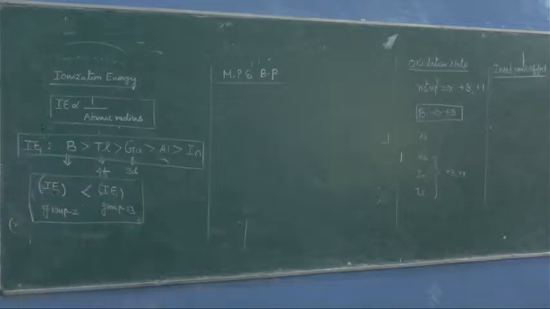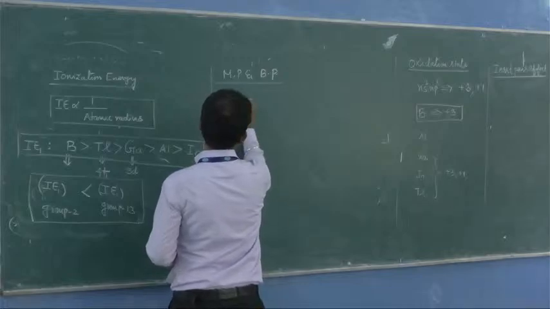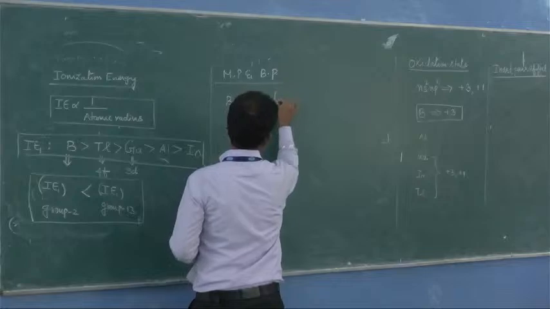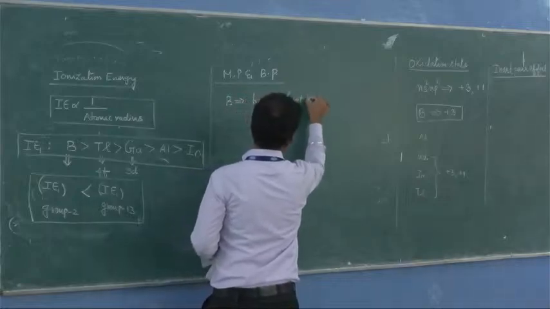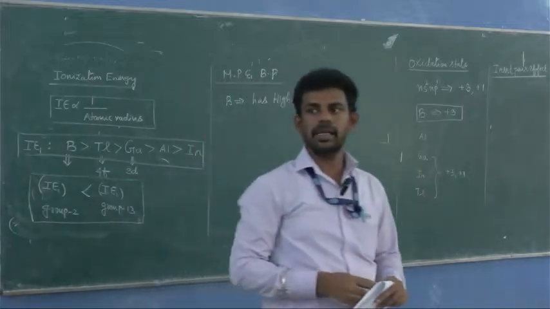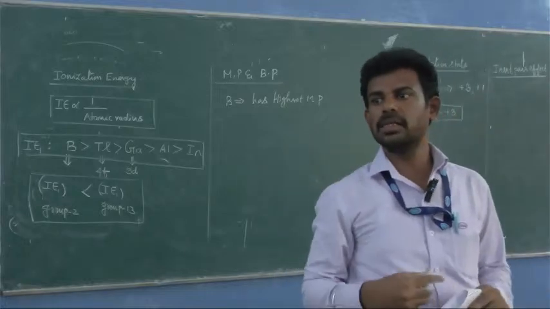So listen carefully. Boron has the highest melting point. Please note this. It is unusual. Why does boron have the highest melting point when compared to the other group elements?